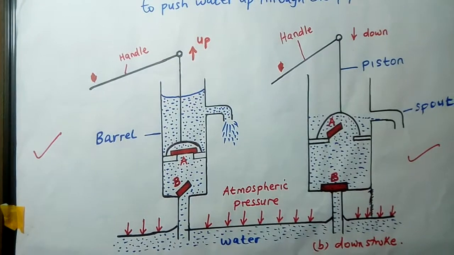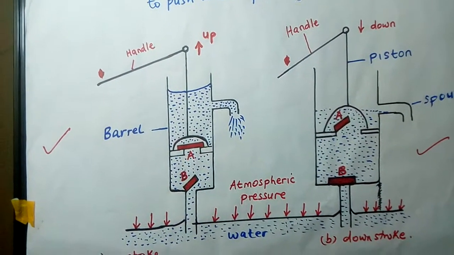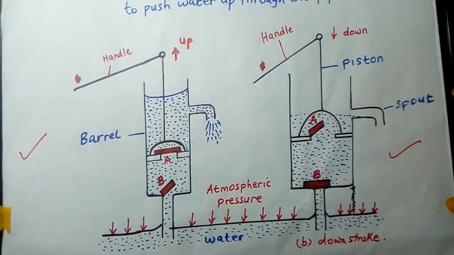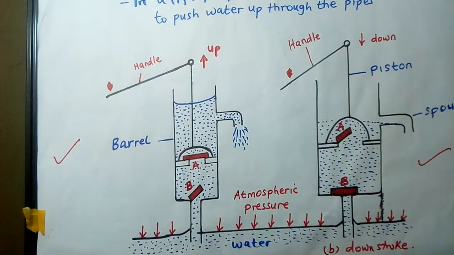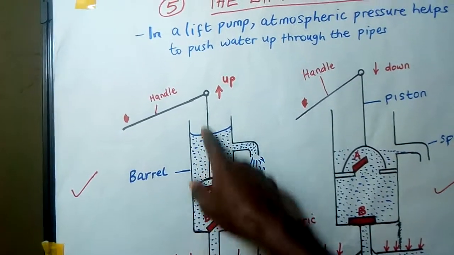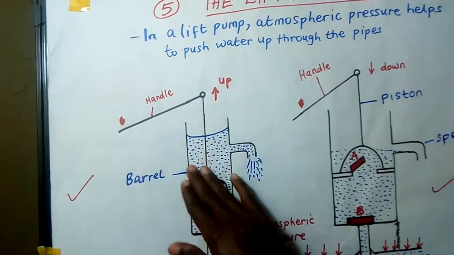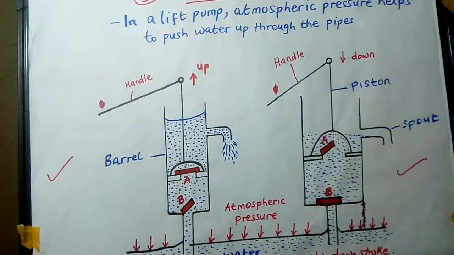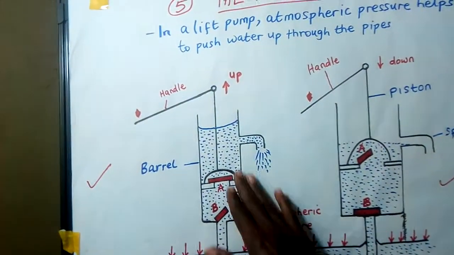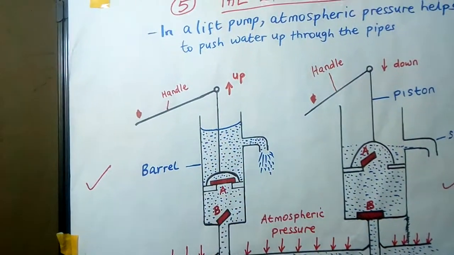But before that, when you are to begin using a lift pump, some water is always poured on top of the piston. This is the piston, and this is the top. Some water is always poured on top of the piston to avoid air leaking past the piston.